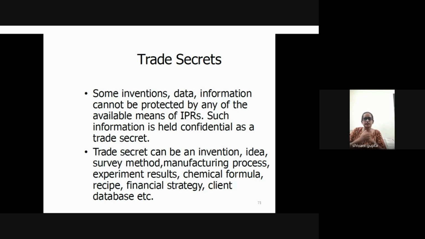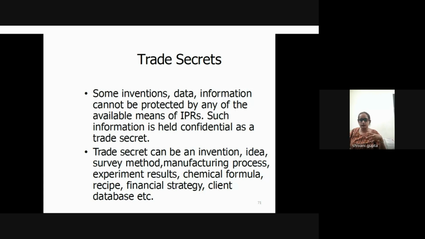They are just like ideas, inventions, survey methods, manufacturing processes, experiment results, chemical formulas, or any kind of data or information. If there is information or data that you want to protect, and it does not fall under the ambit of any IPR, including copyright, patent, trademark, layout design and so on, that information still needs to be protected.